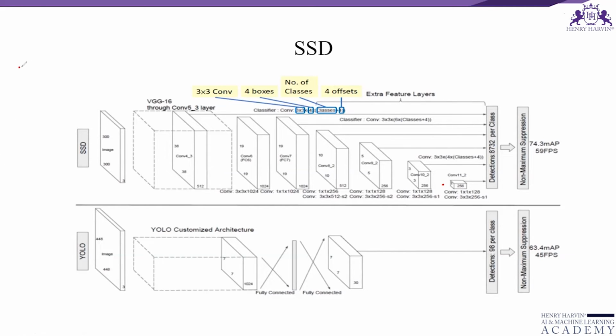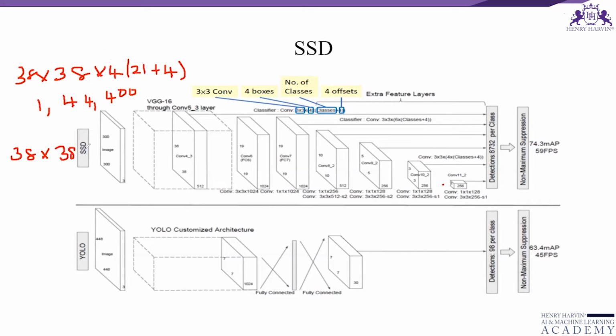So we have 38 into 38 into 4 into (classes plus 4), where the classes are 21. So 21 plus 4 gives 144,400. In terms of the number of bounding boxes, 38 into 38 into 4 is equal to 5,776 bounding boxes.